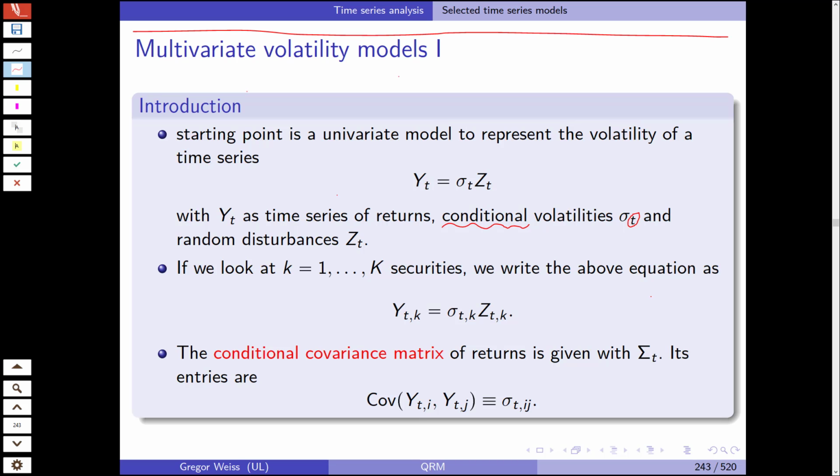And if we now look at, say, 1, 2, 3 up to k securities, we write the above equation as ytk equals sigma tk times ztk.